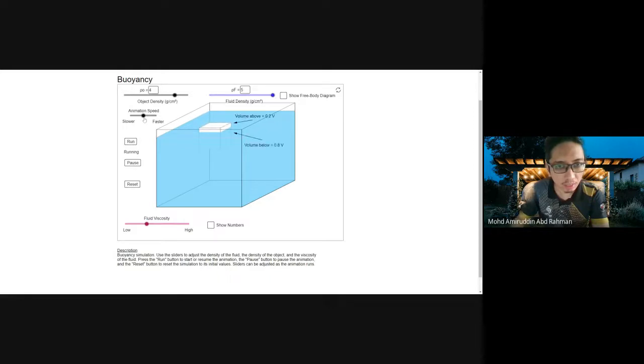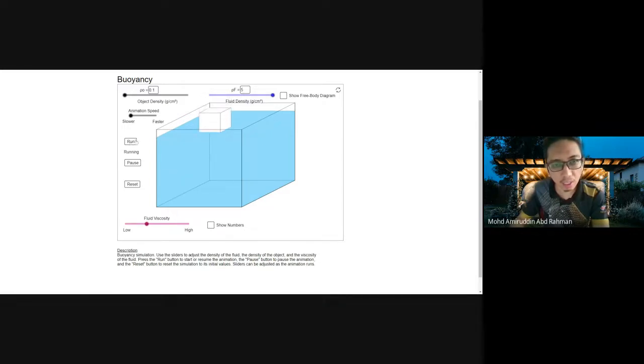It shows you that the object will float. It comes from the middle of the water and will float once we run the simulation, and then you can reset it. Try to make the animation slower, and then let's say we have a lesser density and we look at what happens to the object, and then we run.